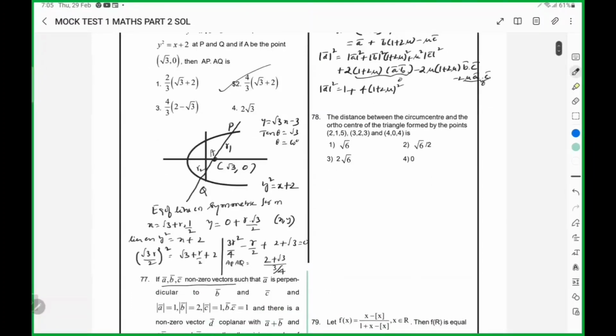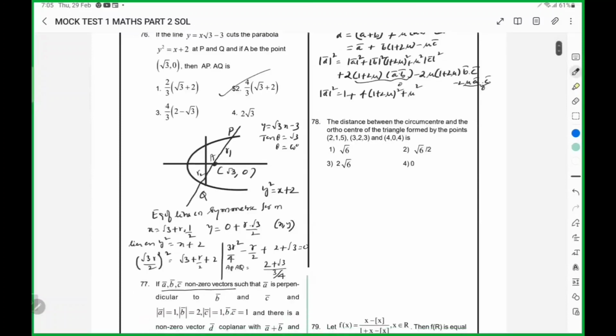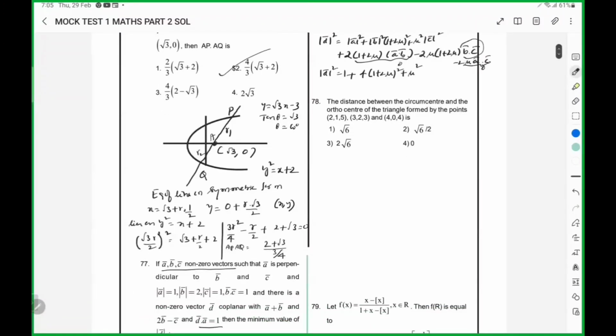Mod C is also 1. Here I get mu square, B dot C is given as 1, minus 2 mu minus 4 mu square. Here it is 16 minus 13 mu square, 4 into 16 mu minus 14 mu plus 5.